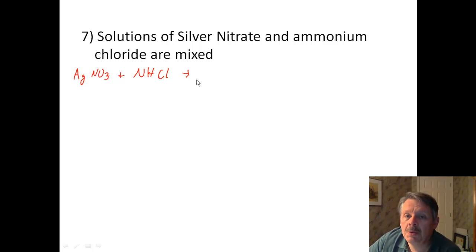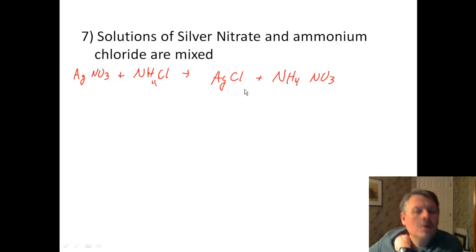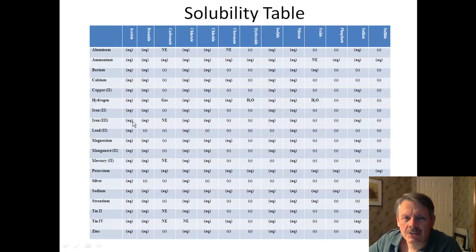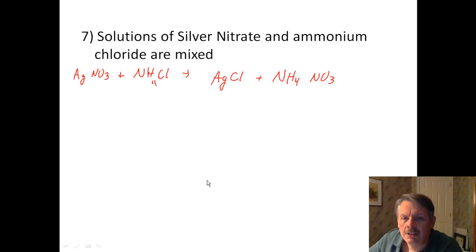And I should be producing AgCl plus NH4NO3. I seem to remember that silver chloride is a solid in a double replacement reaction. Silver chloride is the fifth one across. It's right there. It is in fact a solid, so that's cool.